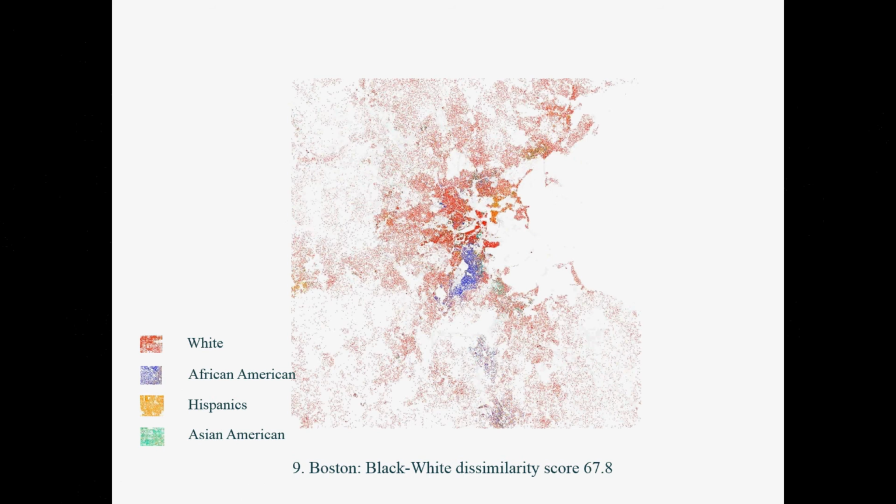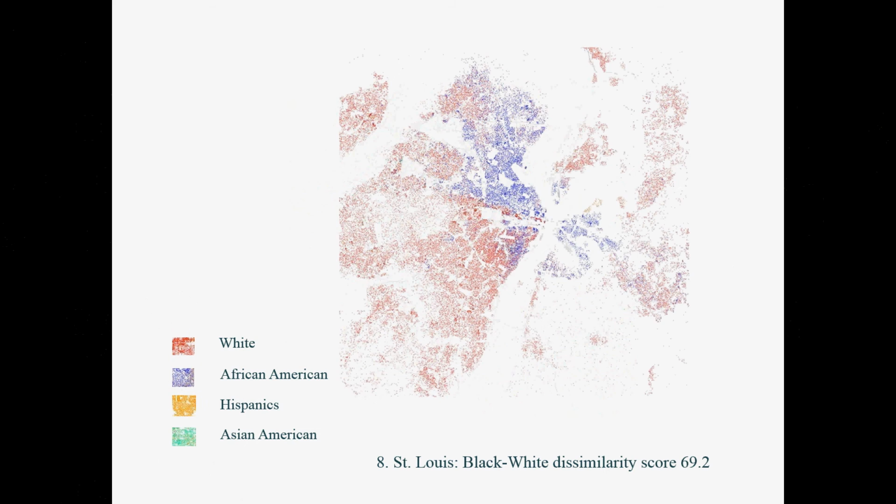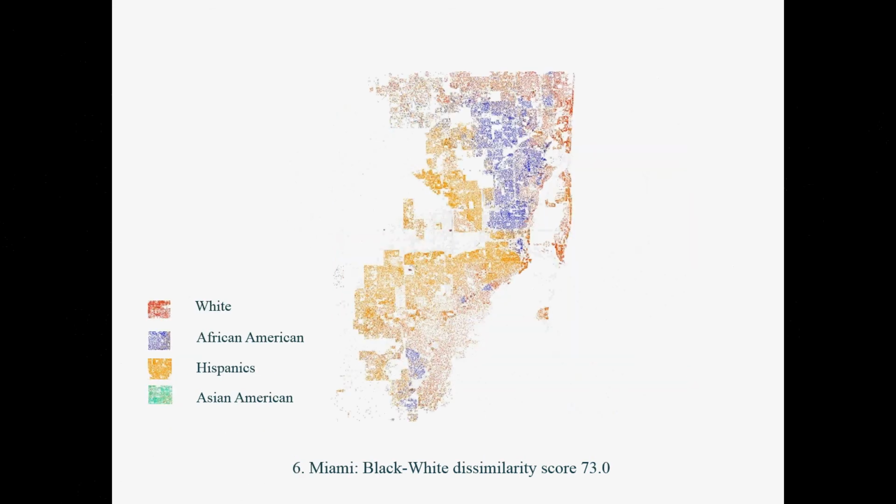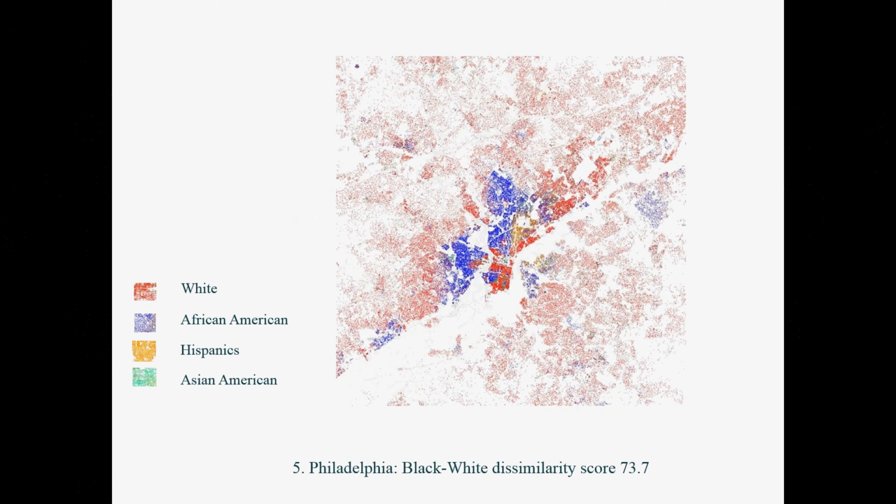Then number 9 is Boston, and the black-white dissimilarity score is 67.8. Okay. Then you have number 8 here, close to us, St. Louis, and the black-white dissimilarity score is 69.2. And Cleveland dissimilarity score is 72.6. Miami is 73.